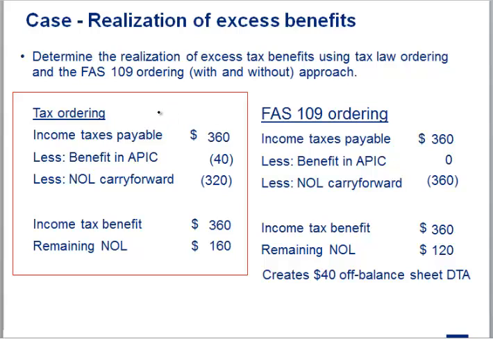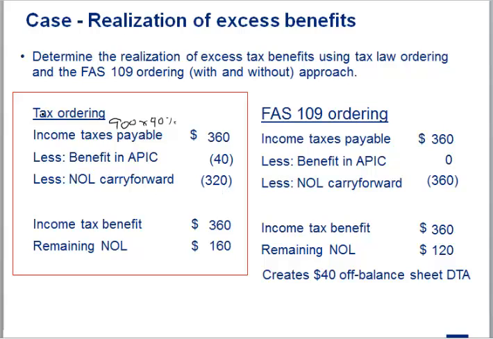So this 360 is my 900 of taxable income times 40%. That's what that 360 is. I'm profitable in the current year before excess. So I would pay 360 of tax before I messed around with excess stock deductions or NOLs.